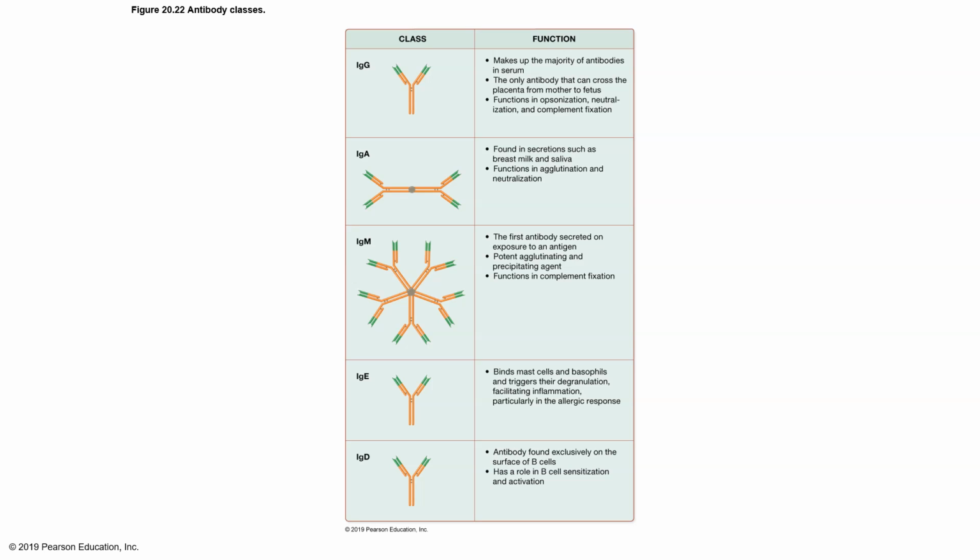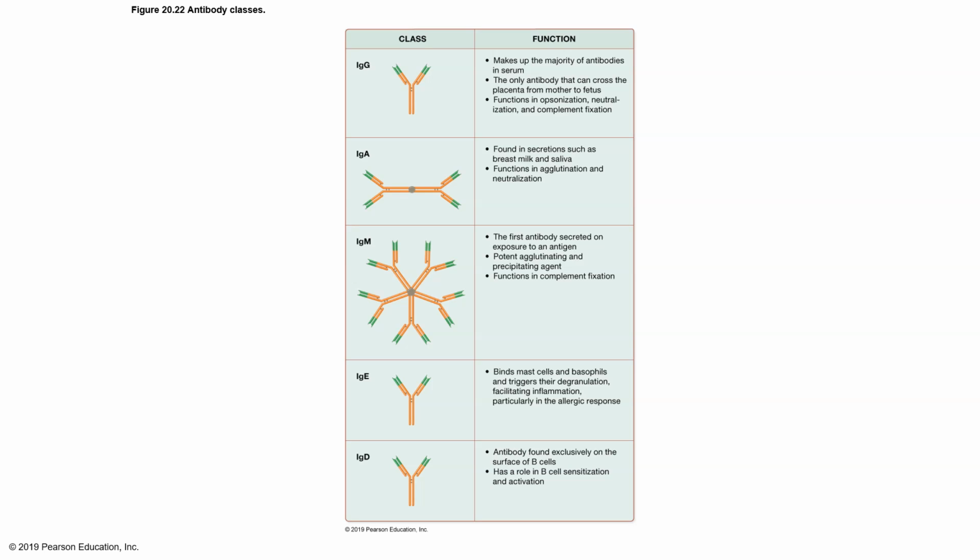It also functions in opsonization, coating, neutralization, and complement fixation. IgA, in secretions like breast milk and saliva, mainly functions in agglutination and neutralization. IgM, the first antibody secreted on exposure to an antigen, that's your primary immune response. It's a very potent agglutinating and precipitating agent, and also functions in complement fixation.